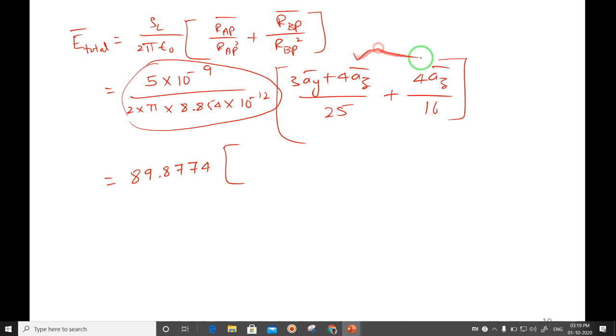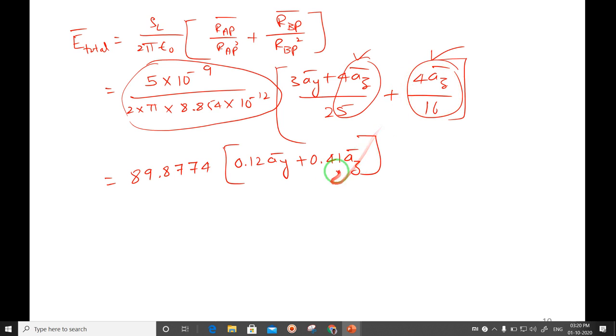I will add this a_z and this a_z. First, 3 divided by 25, I am getting 0.12. 0.12 a_y is over. Next, a_z I will add: 4 divided by 25 plus 4 divided by 16. So I am getting 0.41. So a_z is 0.41 a_z. This is taken care of, right?